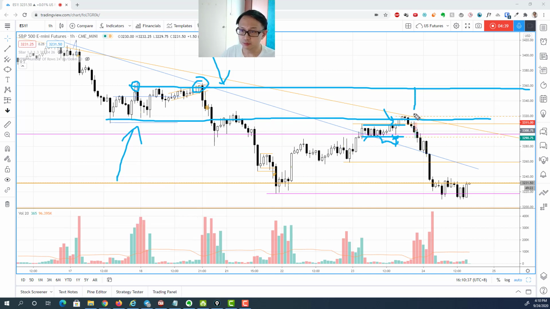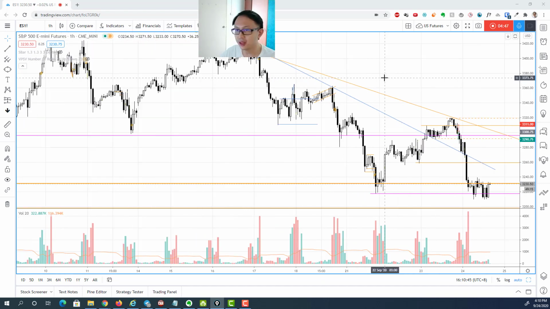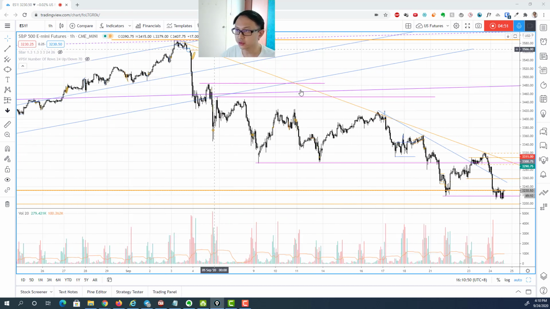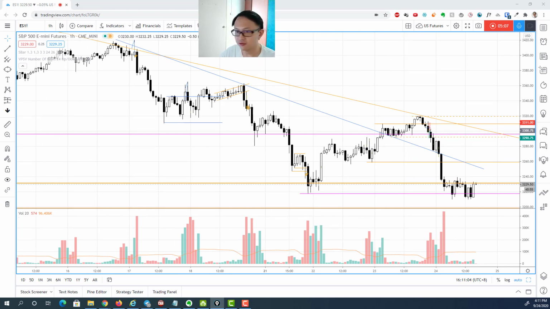So that provides some kind of resistance, and I just adjusted my trend line today, connecting these few swing highs, and you can see that it touches right at this swing high here. So that's the immediate rejection, and subsequently we just failed despite having this possible supply absorption scenario.